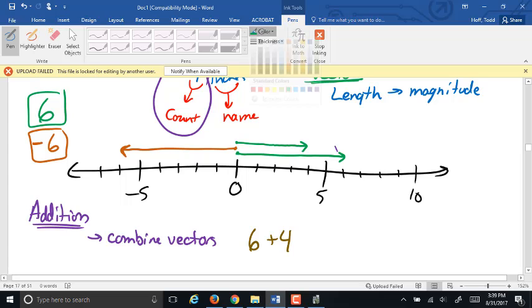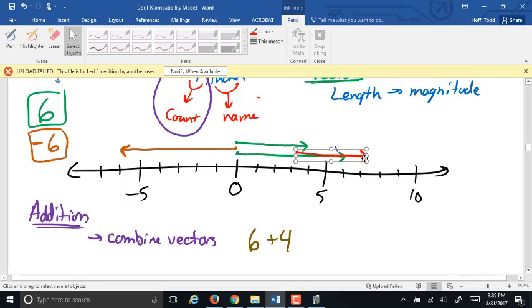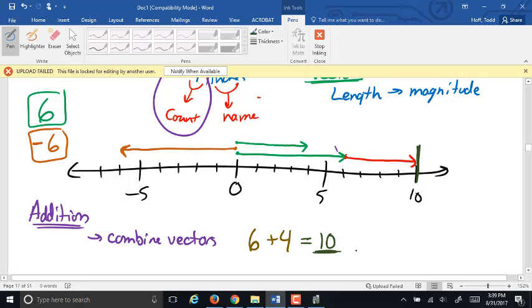So addition is telling us to combine those. So I'm going to just trace that vector for 4 so I can move it here. I combine them by taking that vector for 4 and putting it at the end of the vector for 6. And you can see it ends up at 10. Well, we all knew 6 plus 4 is 10, right? We didn't need the vectors to do that. But that is our definition, the vector definition of adding two amounts or two counts.